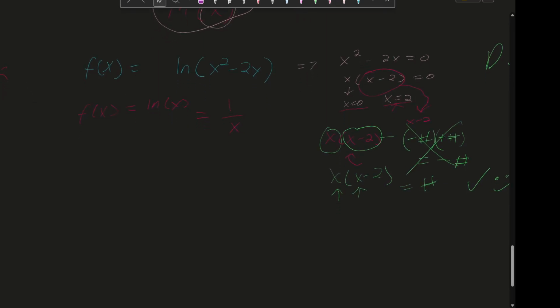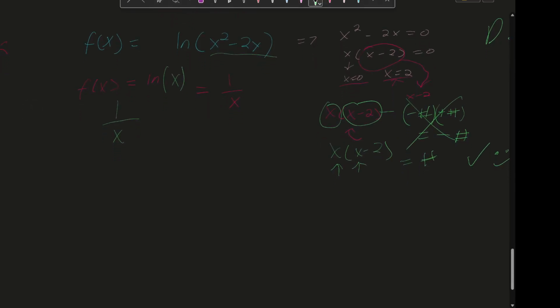And you're basically going to do the same thing for stuff like this. You'll just have 1 over the argument of the logarithmic function, whatever's inside those little parentheses. You just have 1 over that, but then for something like this, you'll have to use the chain rule.